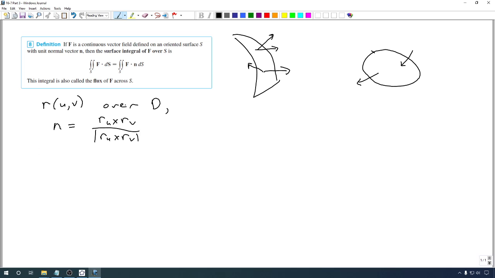That means that our surface integral of F dot dS, this would be a capital S, is going to be the surface integral, we'll get to a double integral in a moment, of F dot our normal vector of r_u cross r_v over its magnitude.